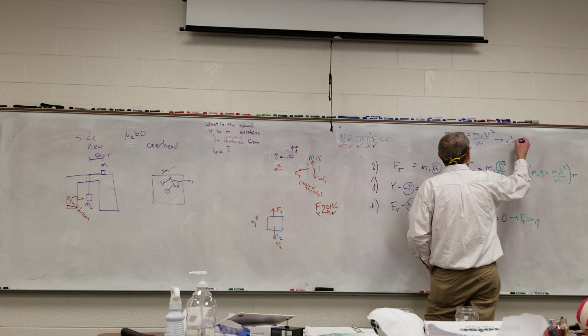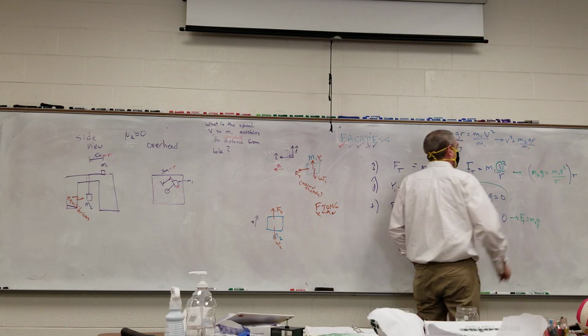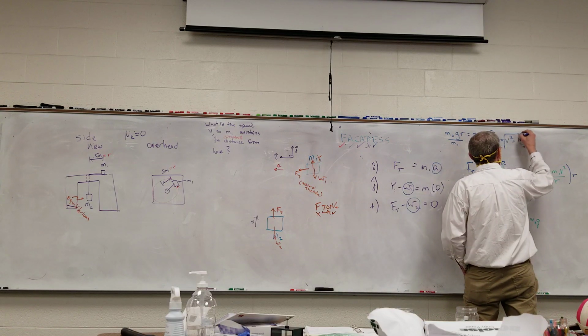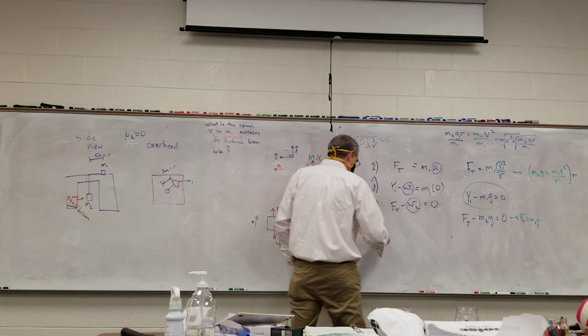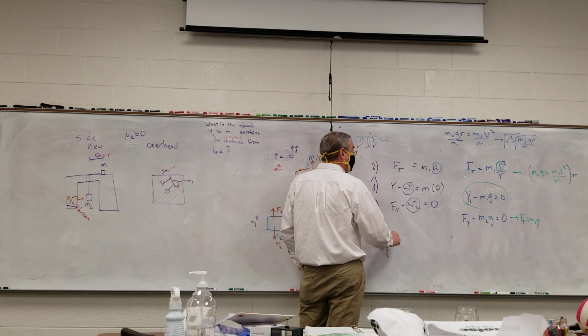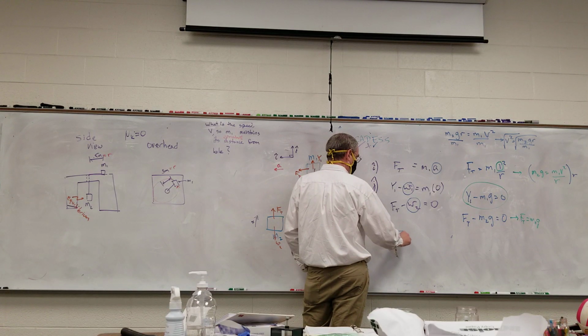So v squared is equal to m2gr over m1. Take the square root of it. Then we get to the square root. And so we end up with the speed that it has to go in order to maintain that constant distance. v is the square root of m2gr over m1.